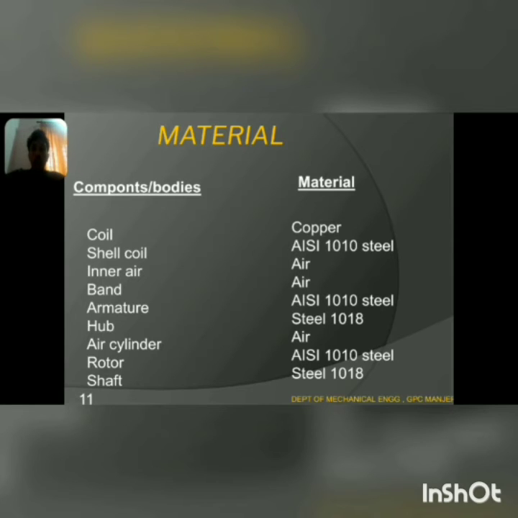The hub is made of steel 1018. The air cylinder consists of air. The rotor is made of AISI 1010 steel. The shaft is made of steel 1018.